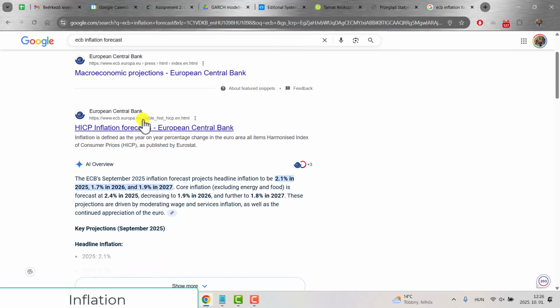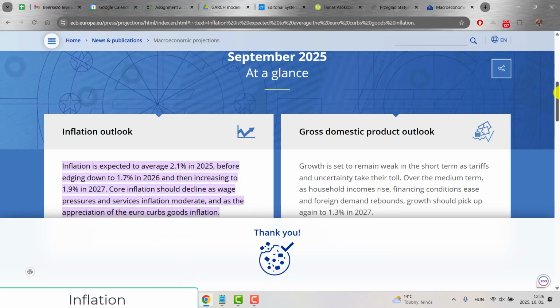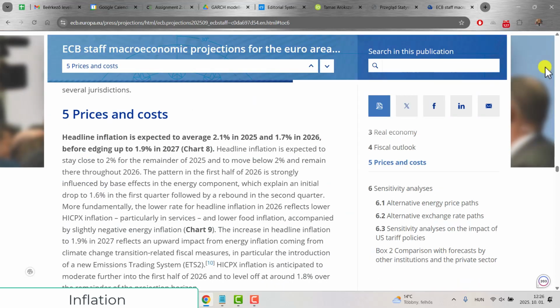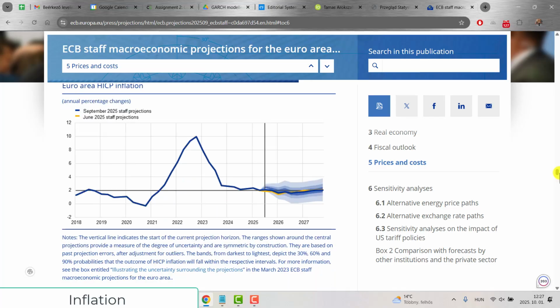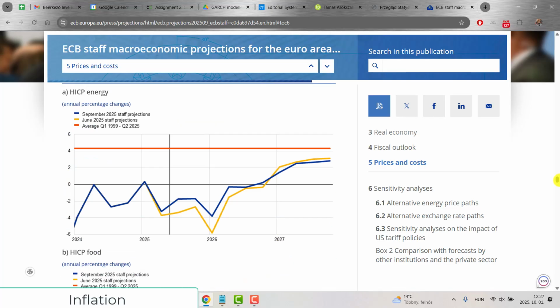It's always the first or second one. Let's check the first one. Yeah, still waiting for the cookies. So we can see here the expected consumer price index.